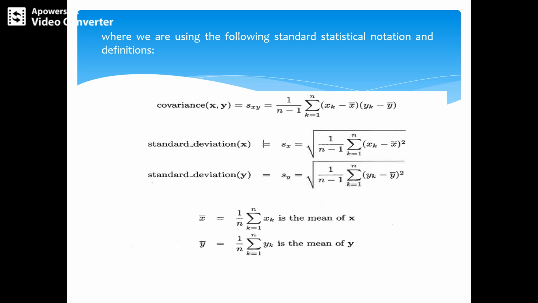The Mahalanobis distance between two objects, vectors x and y, is defined as Mahalanobis of x comma y equals x minus y, times sigma to the power minus 1, times x minus y to the power T. That is the inverse covariance matrix of the data. The covariance matrix has as its ijth entry the covariance of the ith and jth attributes. So this is a very important case that will be used.